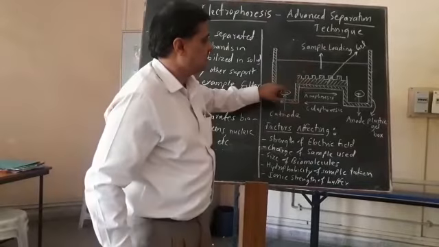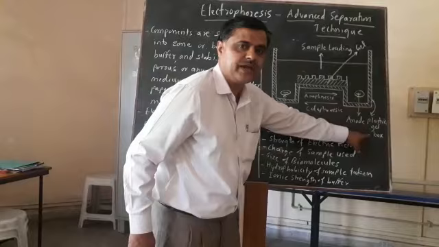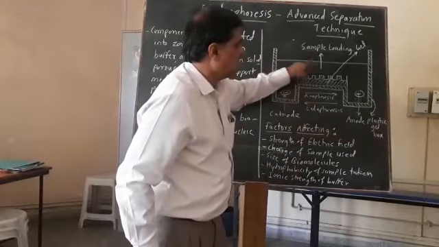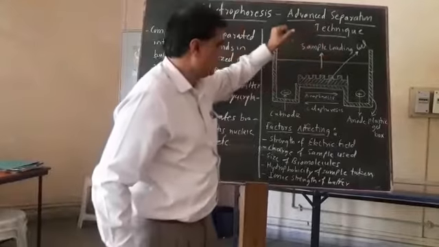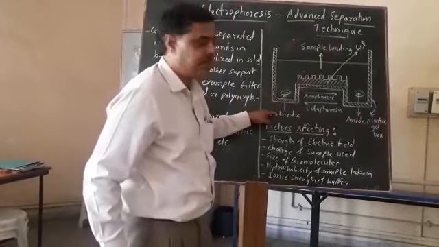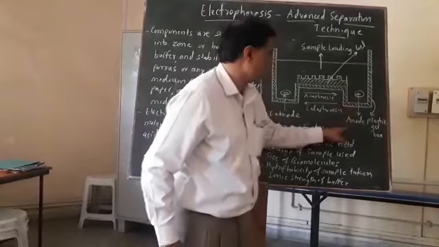See here, this is the plastic gel box. This is the sample loading. This is the gel over here. This is the cathode, negatively charged. This is the anode, positively charged.